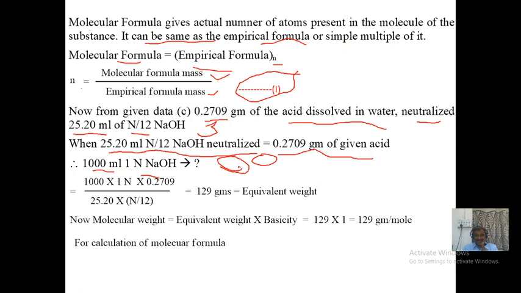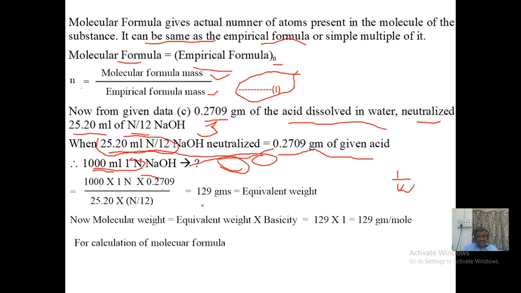This is the theory part. Therefore, simple calculation: 1000 into 1 normal, directly multiplied by this value, and 25.2 and N by 12 go into the denominator. So 1000 into 1 multiplied by 0.270, and 25.20 divided by N by 12. N by 12 is nothing but, if you have a calculator, you can directly write 1 upon 12 here. Simple, friend.